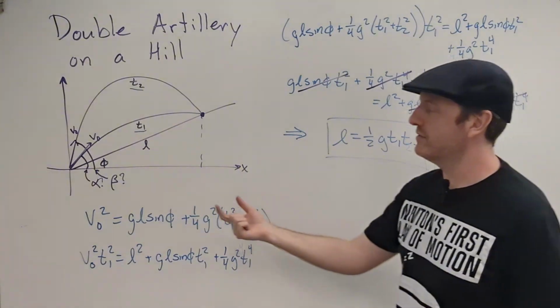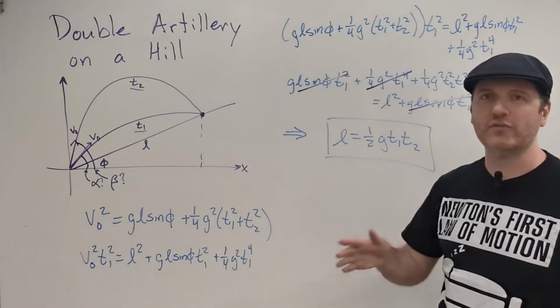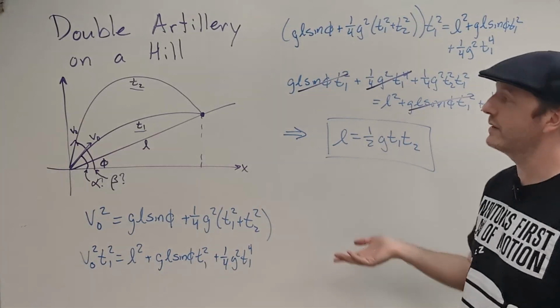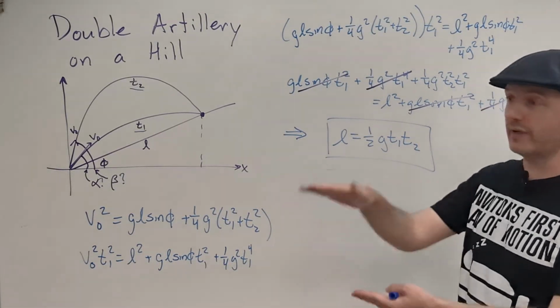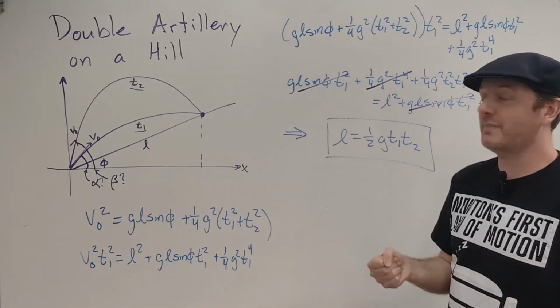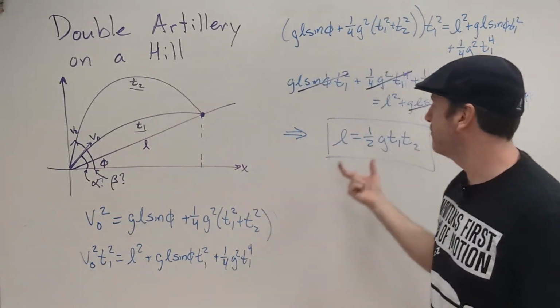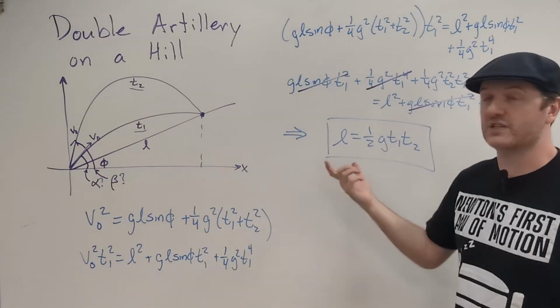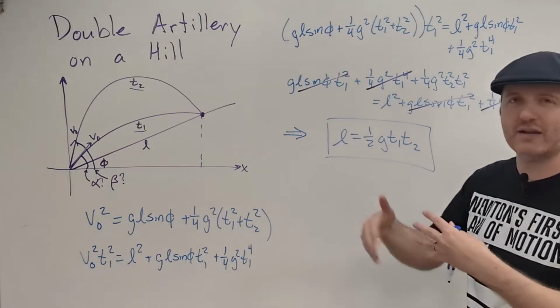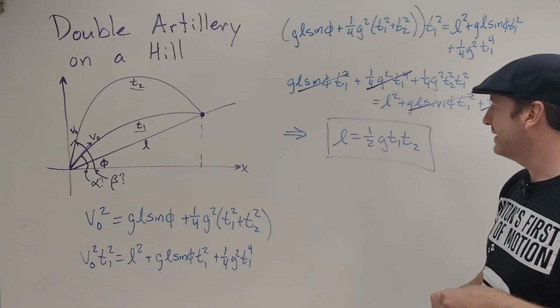It does not depend on you knowing, although you could go calculate what these have to be, the alpha and beta, but it does not depend on you knowing what the launch angles are, either relative to the horizon or relative to the slope. It also does not depend on v naught. I mean, there will be a specific v naught to get there, but this answer doesn't depend on it. The t's themselves kind of implicitly depend on it, but if you just know the two t's, you can still measure that. I like that.